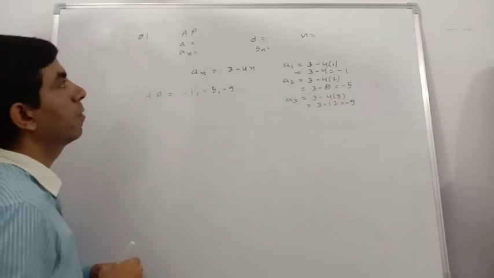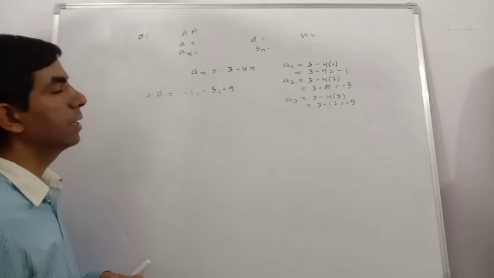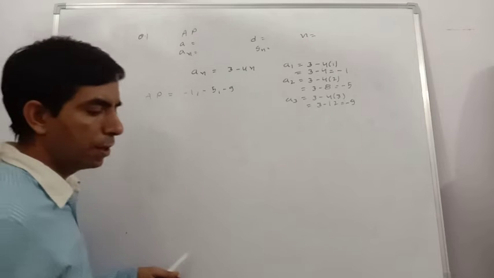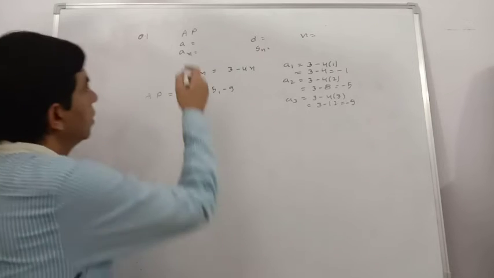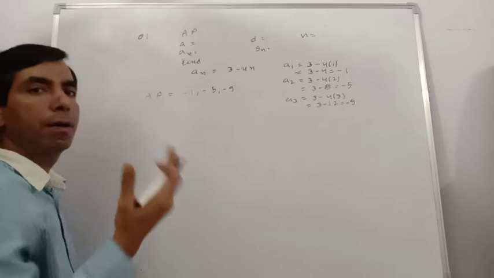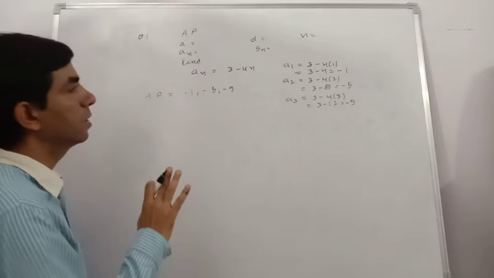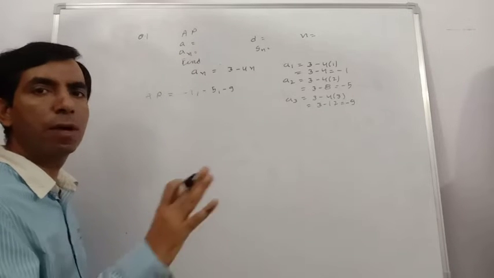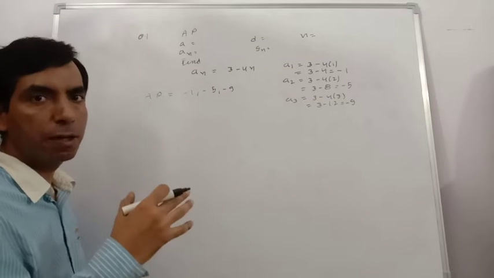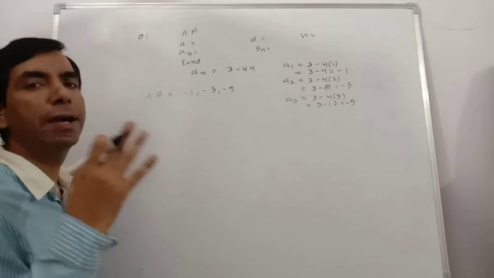Now we want to find the sum of terms. Let's take a question I am writing myself. It is not a book question of any book, but we can calculate it easily and understand it for any numbers and any terms.